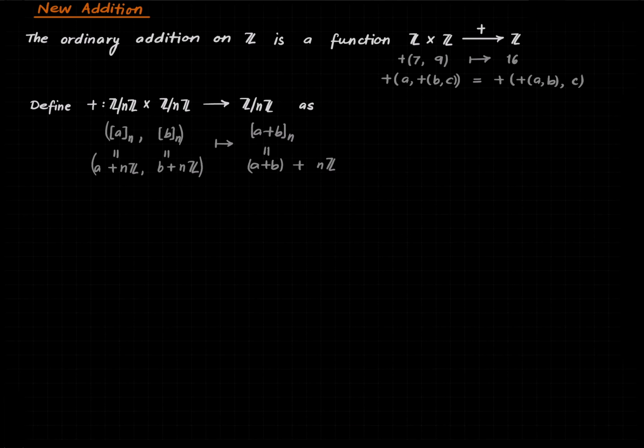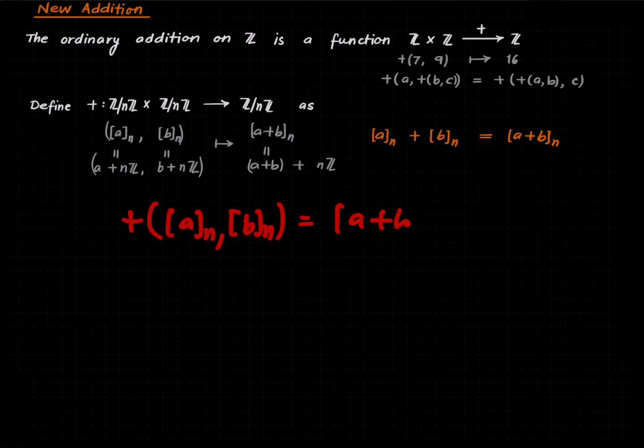We just rewrote the definition, right? So instead of writing plus of two things is equal to the equivalence class of A plus B, we write it like this. This is much nicer to look at.